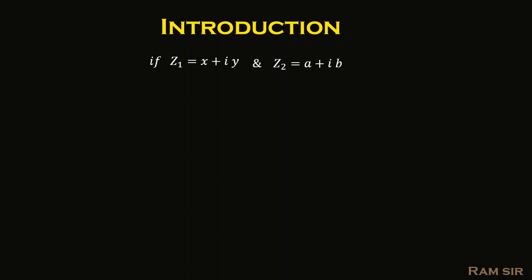When the real part of the first complex number is equal to the real part of the second complex number, that is x has to be equal to a, and the imaginary part of the first complex number is equal to the imaginary part of the second complex number, that is y is equal to b, then we can write z1 is equal to z2. So this is the condition when two complex numbers are equal.